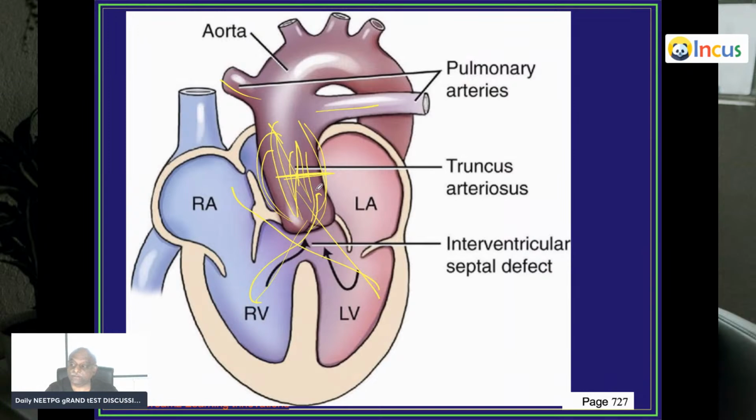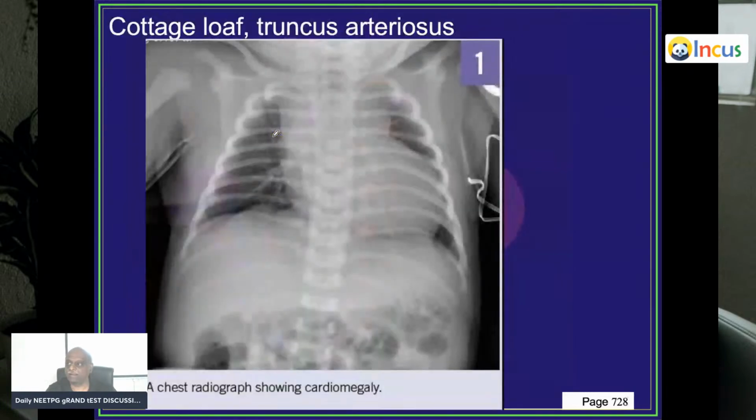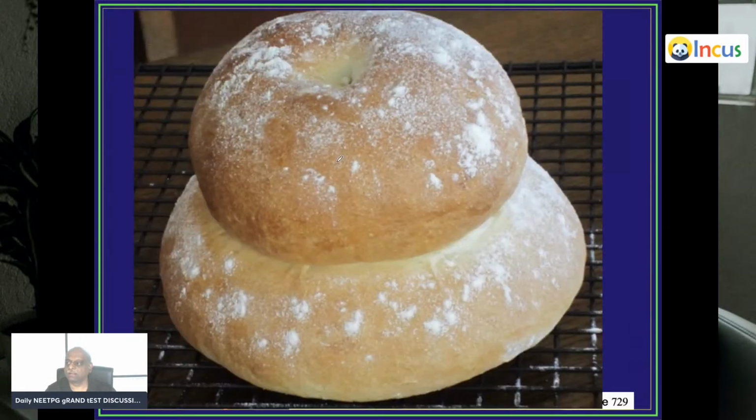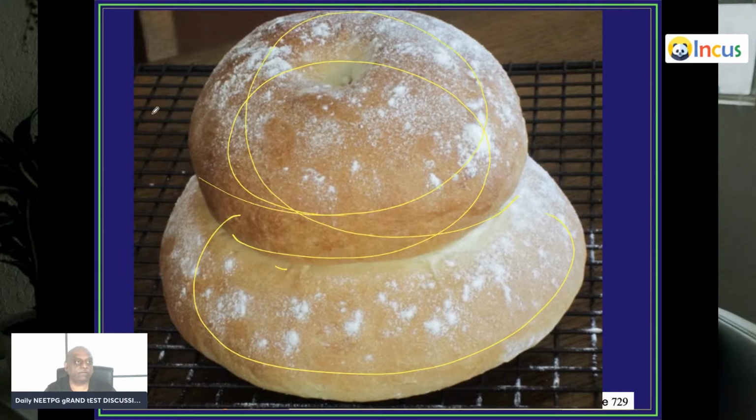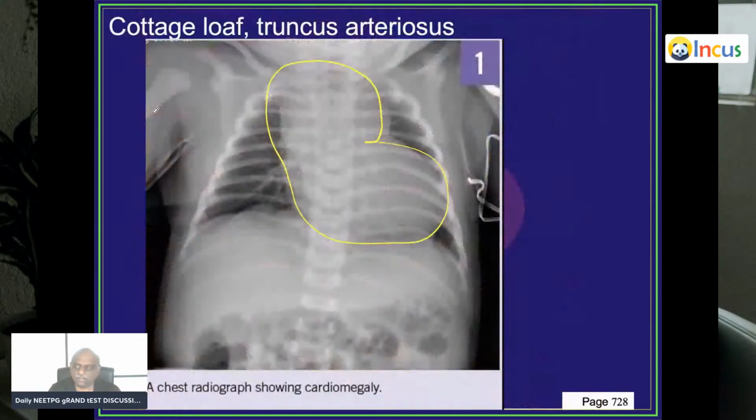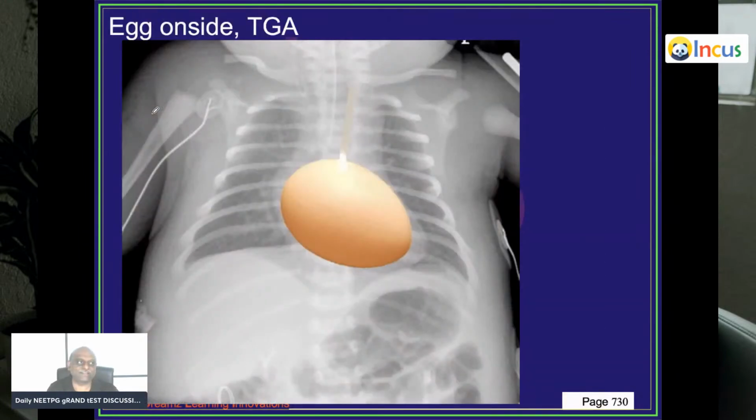Truncus arteriosus means the septum between pulmonary artery and aorta is gone, so both of them are draining into a common trunk. This is called cottage loaf appearance. It's like one ventricle, and above that you have the common truncus. Cottage loaf.